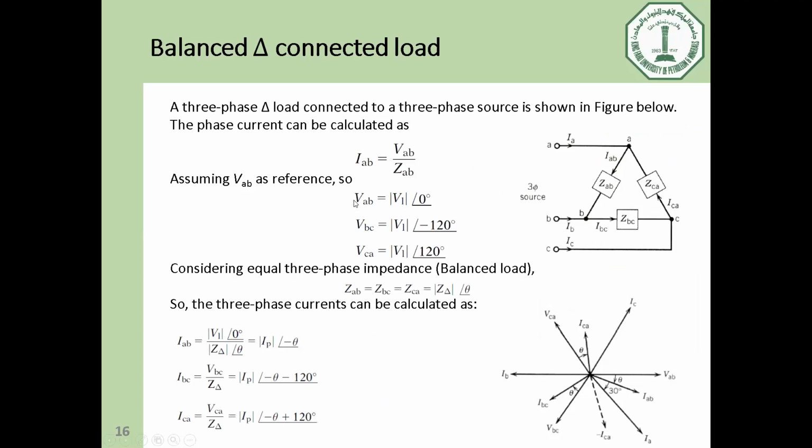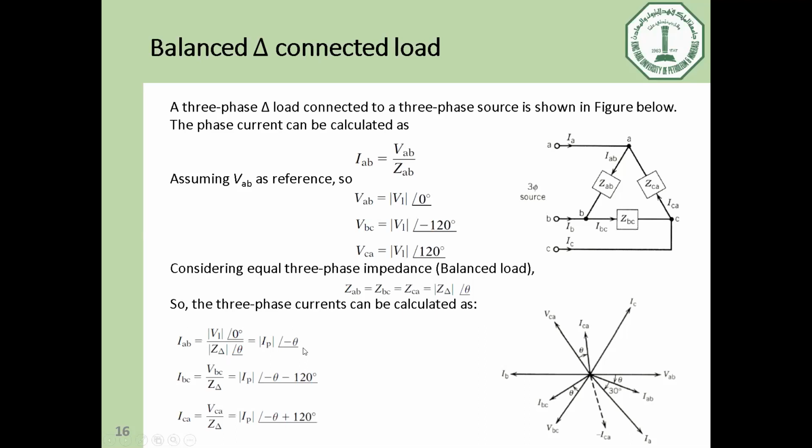You know the relations: VAB equals V line at angle 0, VBC equals V line at angle minus 120, VCA equals V line at angle 120. So dividing VAB by ZAB gives V line divided by Z delta at angle minus theta, which equals I phase at angle minus theta.